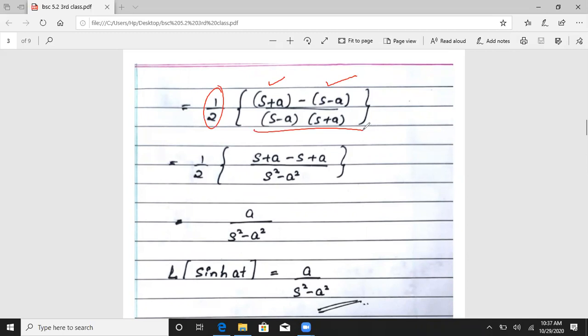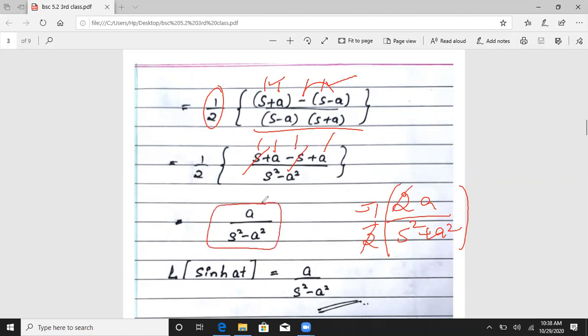When we simplify, we get s plus a as it is, minus into plus minus s, minus into minus plus a. Then the plus s and minus s cancel. We get 2a by s square minus a square, and the constant 1 by 2 as it is. Here 2 is cancelled, and the answer is a divided by s square minus a square.